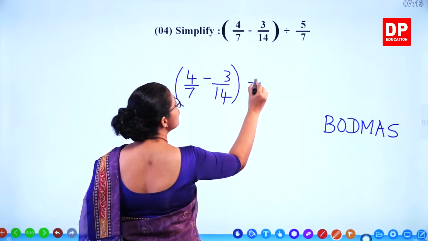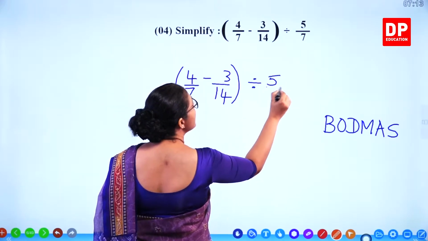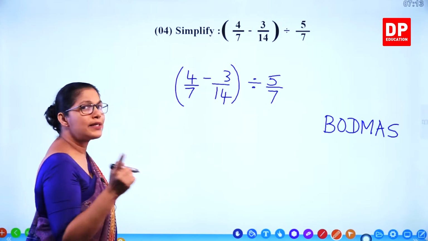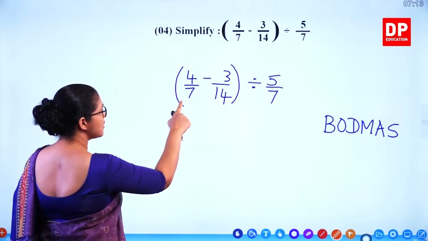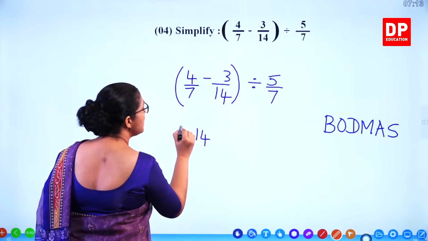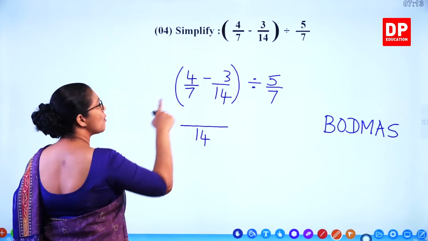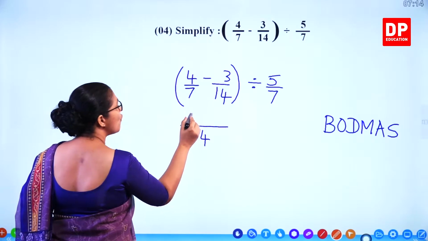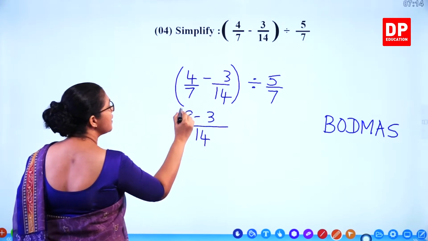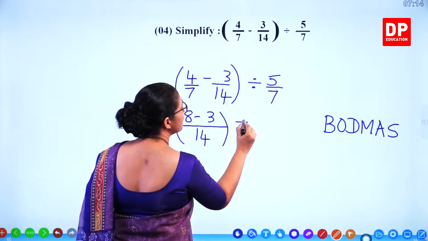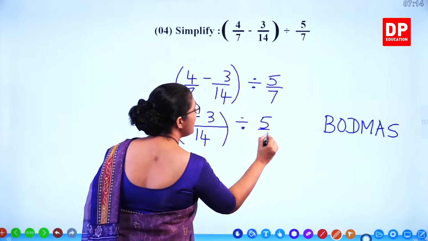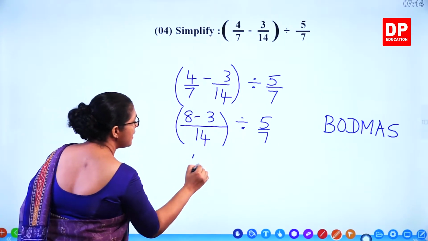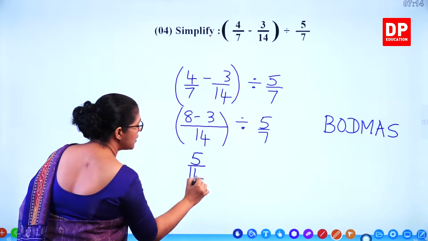Denominators are different, so you have to make it to the same denominator, lowest common multiple. So 7 and 14. 14 is the lowest common multiple. Now convert to 14 where? You have to multiply by 2. 2 times 4, 8 minus 3. Then 8 minus 3, 5 over 14.